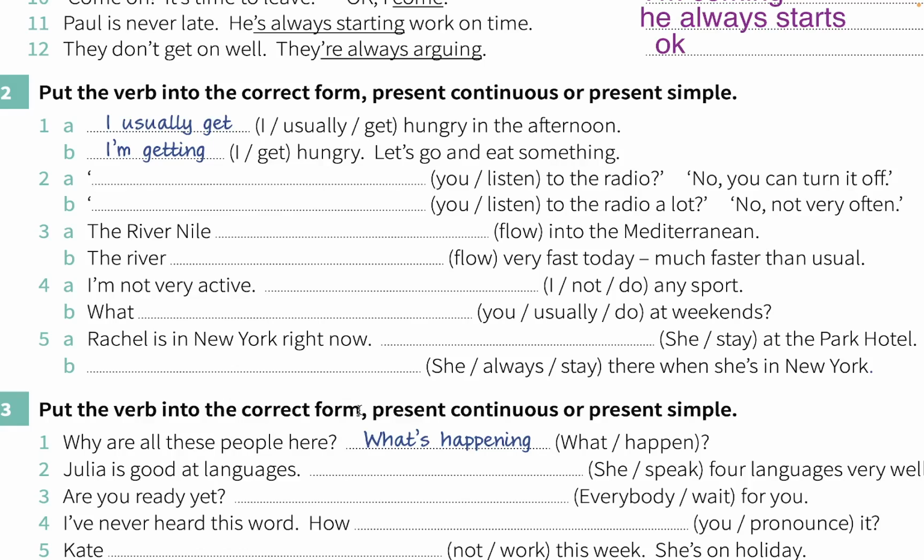Do you guys want to have some time and read this first, or answer directly?